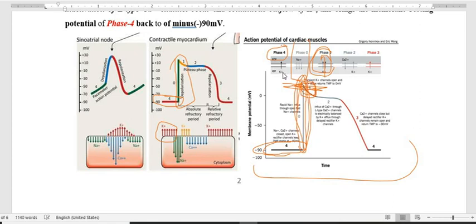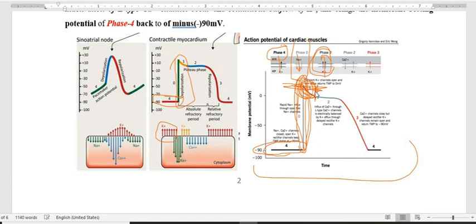So see here, potassium is moving out in phase 4, sodium is coming inside in the depolarization state. Again in phase 1, the slight dip in the membrane potential from 40 millivolt to lower down is because of the escape of potassium through the voltage gated potassium channel.